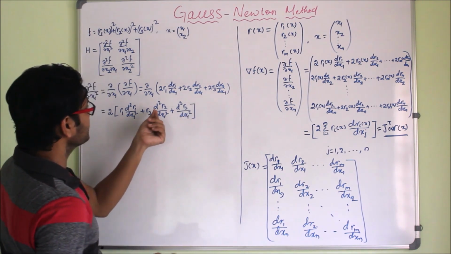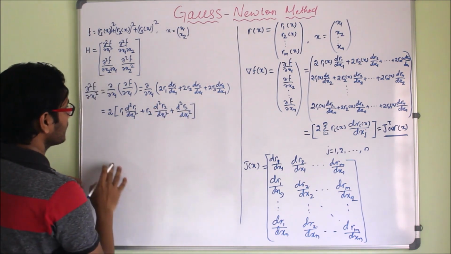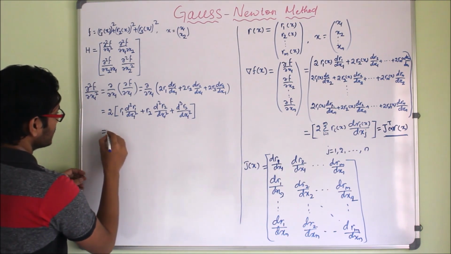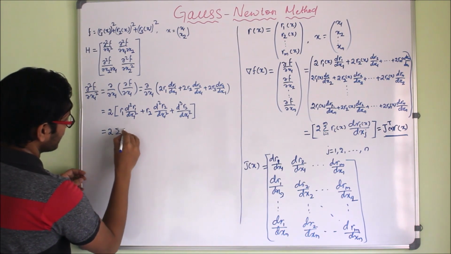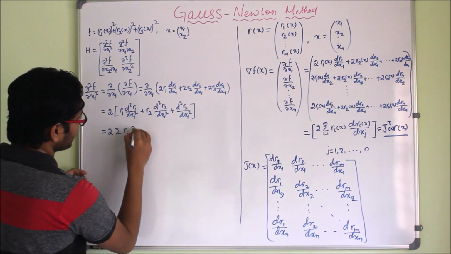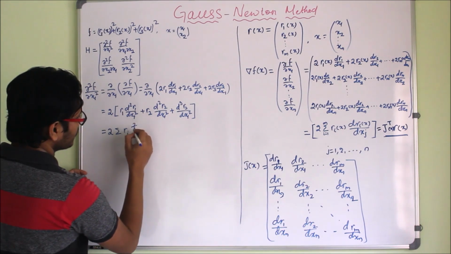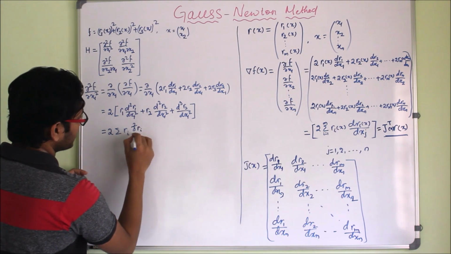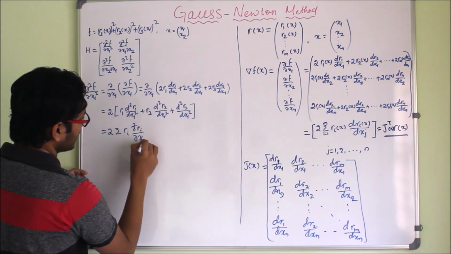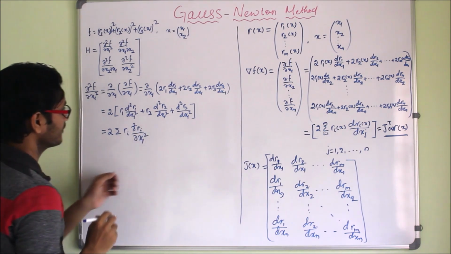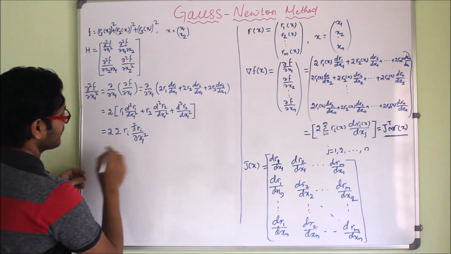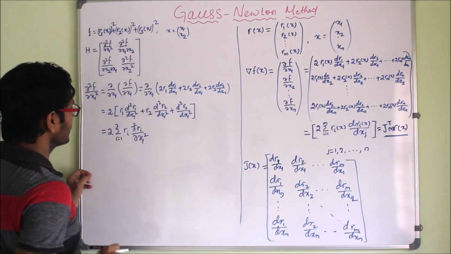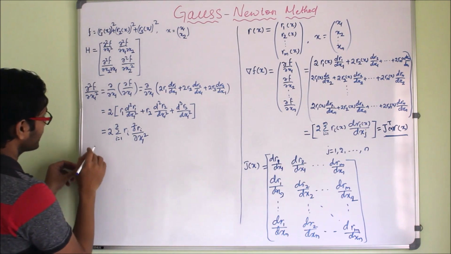Or we can write it as partial derivatives also, it's fine, because we are taking partial derivatives. So this will be 2 into summation of ri, del2 ri/del x1 squared, where i goes from 1 to 3, because there are 3 functions. So in this way we can find it.